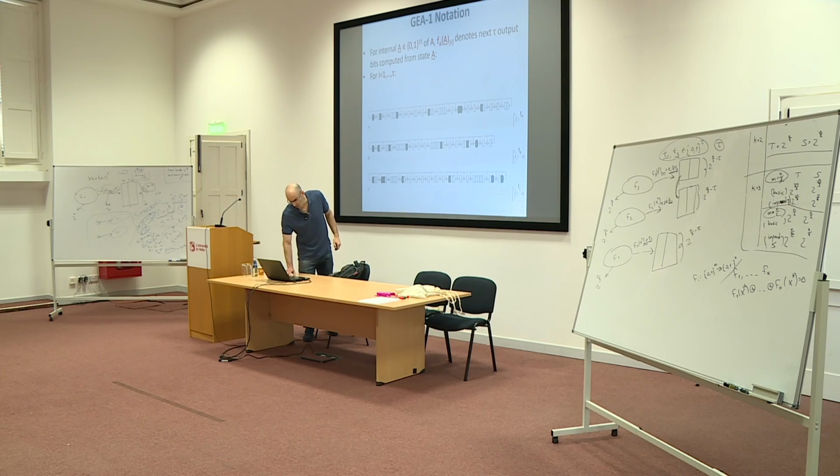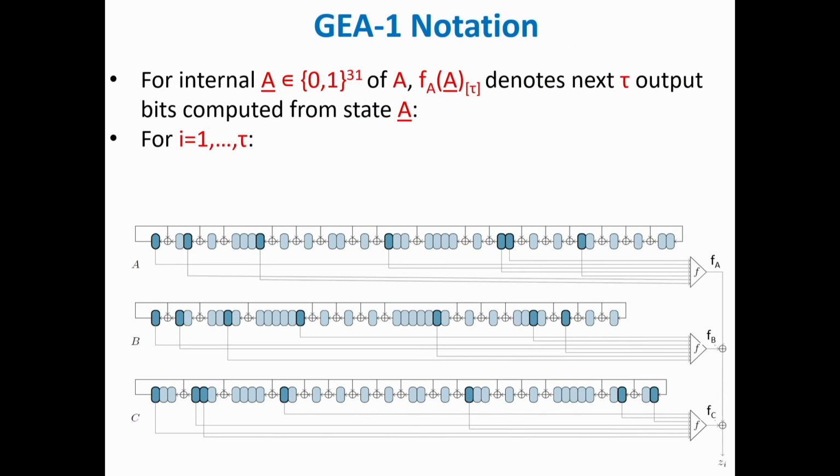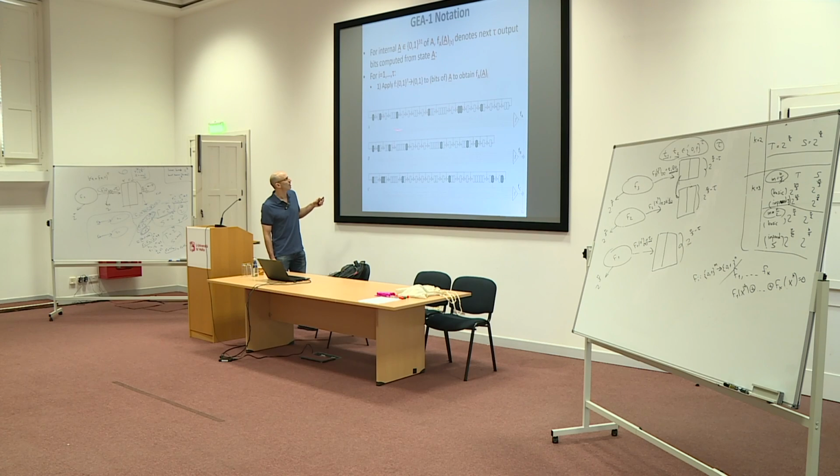Okay, so how do you do it? Basically, you produce the bits one by one. So for i from 1 up to tau, you apply some Boolean function, which takes 7 bits of the state at some positions which are not very important.